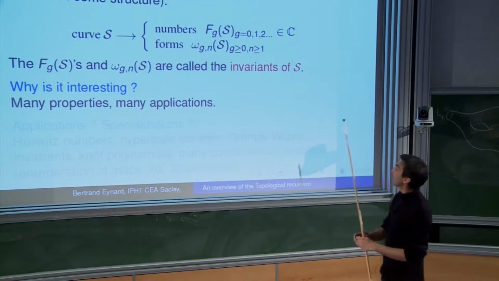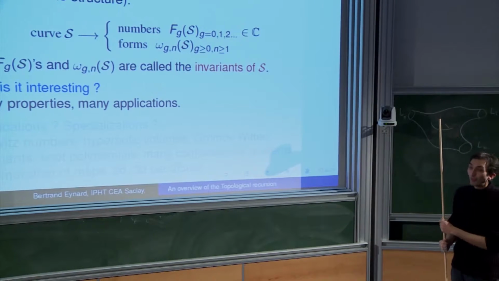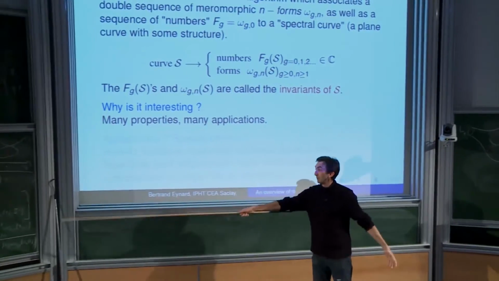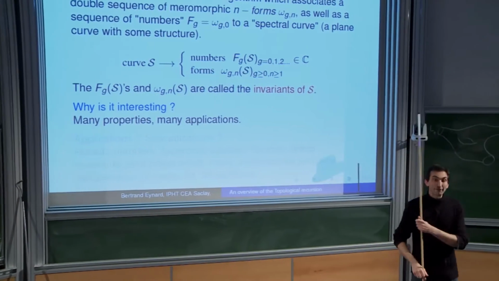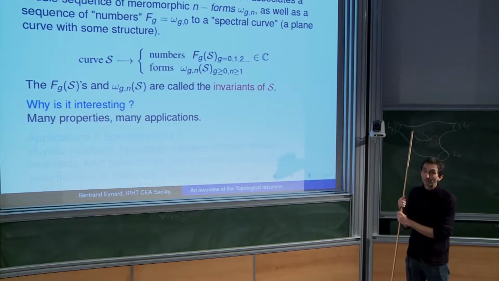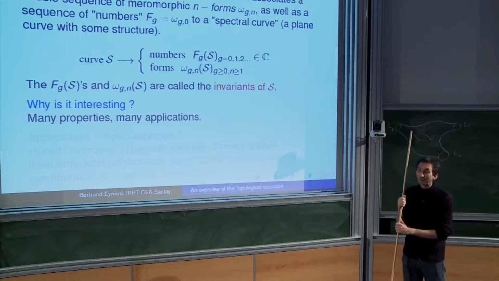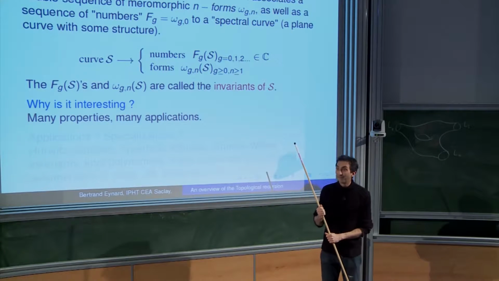Why is this interesting? Well, there are two answers. One is if you take this definition, so this very abstract equation, you may wonder where it came from, but if you take this definition, it turns out that it has many, many beautiful mathematical properties. And I think this is a sufficient reason to study it. It has really magical properties.